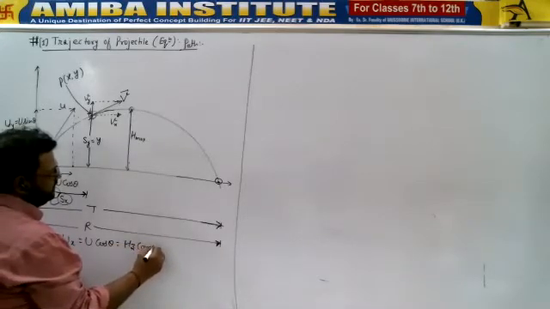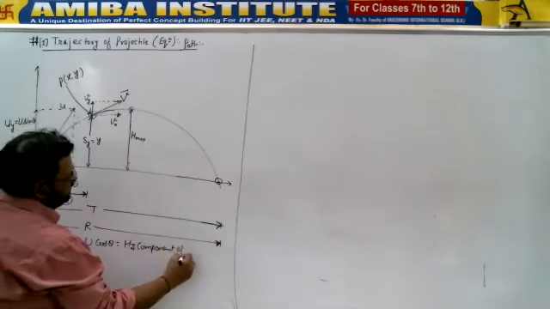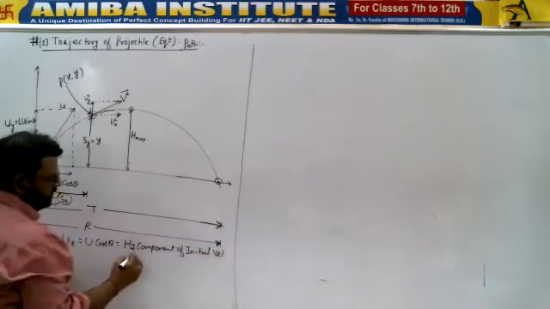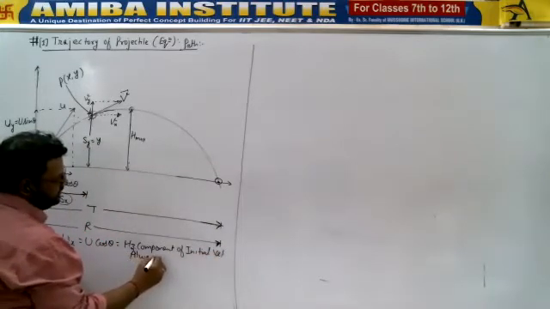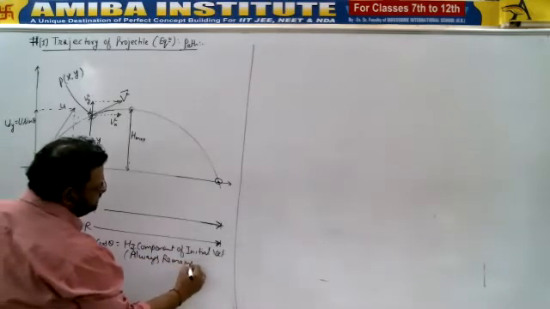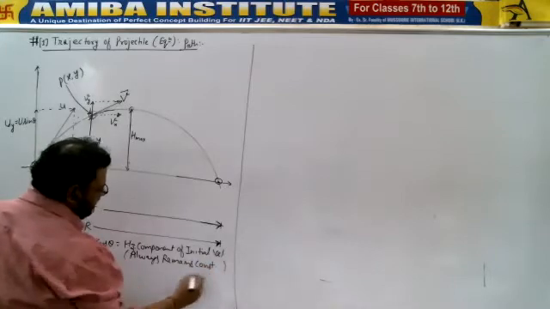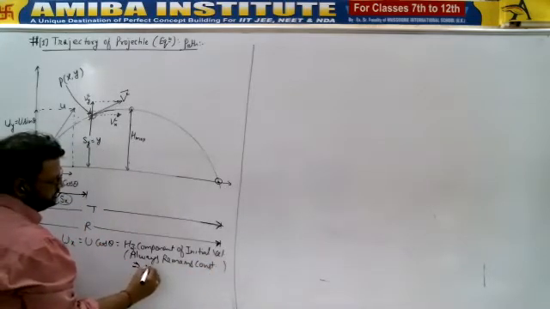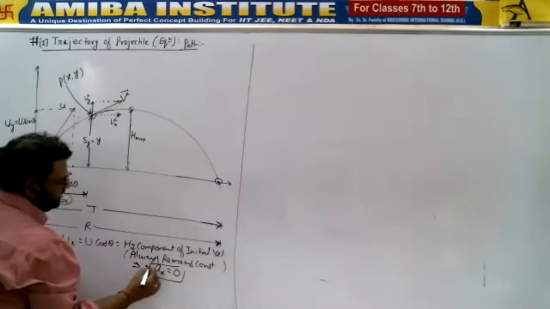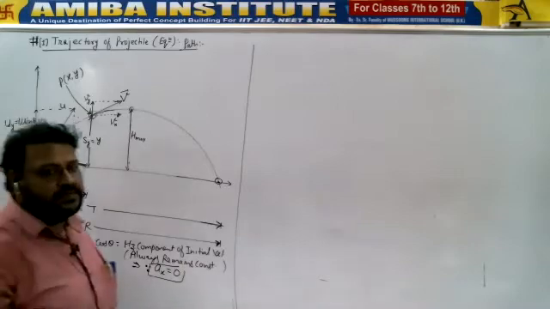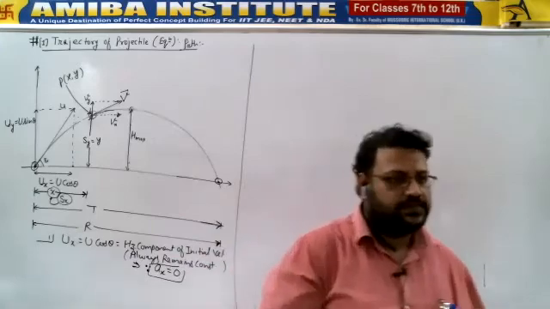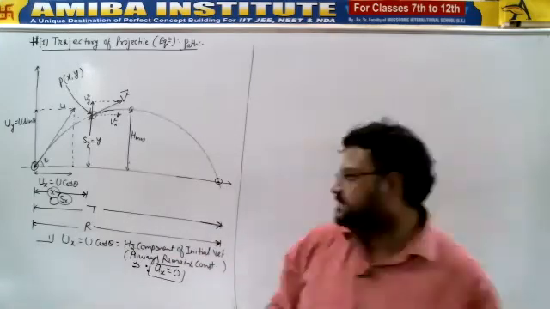The horizontal component of initial velocity always remains constant, due to the assumption that no external forces are acting, no net force is acting in the horizontal direction. That means its net acceleration in the x direction is 0, right? This one we have taken.